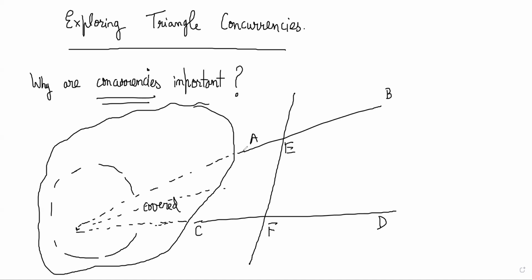Now look at this angle AEF and bisect it. Because this angle is visible, we can easily bisect it, and we can similarly bisect this angle CFE. The angle bisectors meet at a point, let's call it P. This is the point of intersection of the angle bisectors of AEF and CFE.